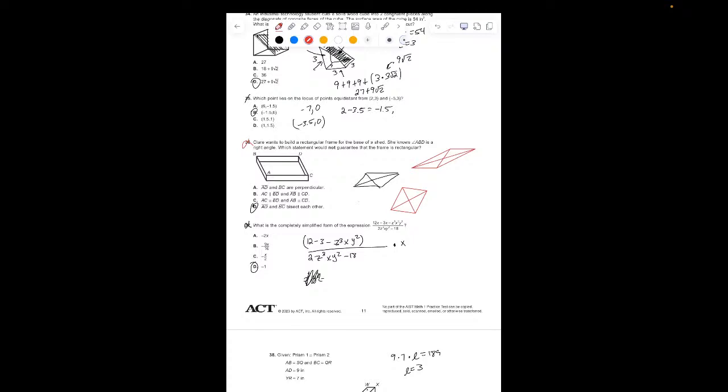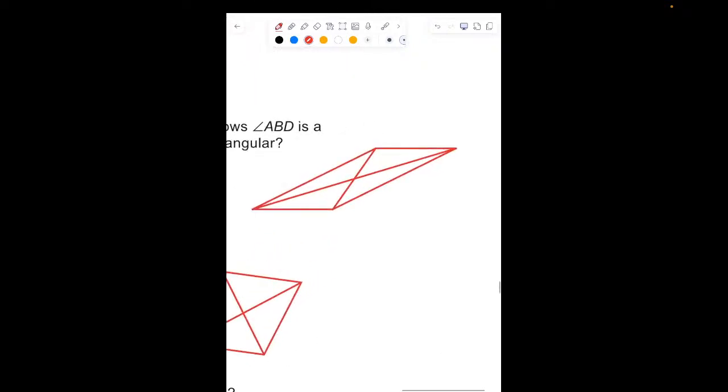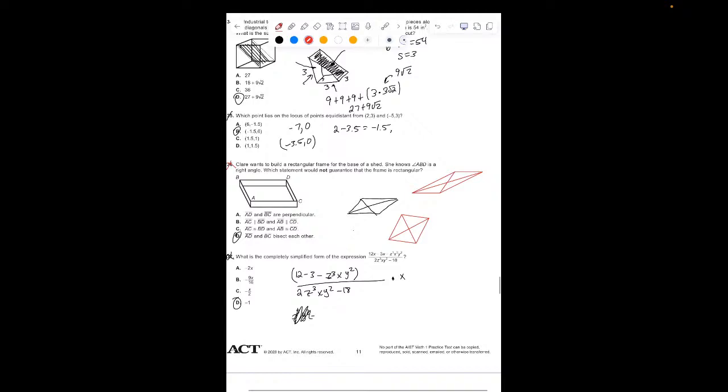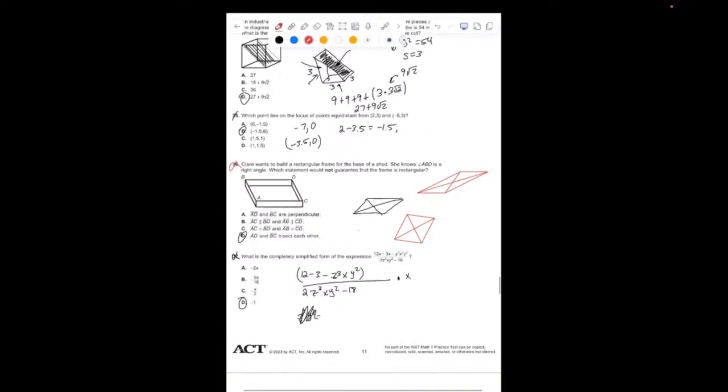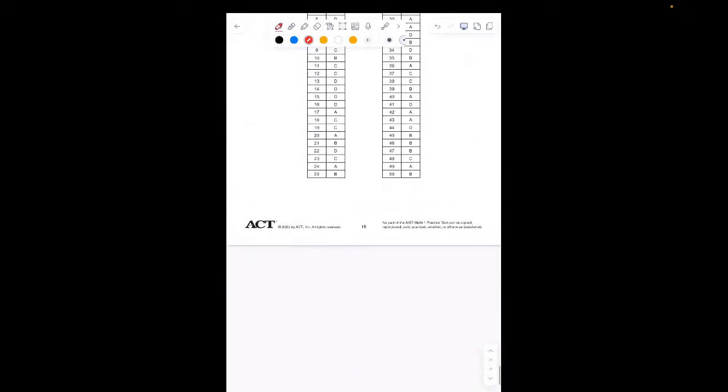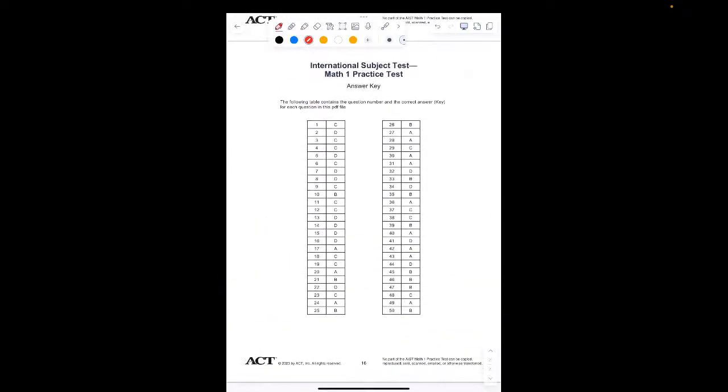What? I mean, these bisect each other, and it is not a rectangle. 36 is D? There's no way. Wow, I'm shocked.